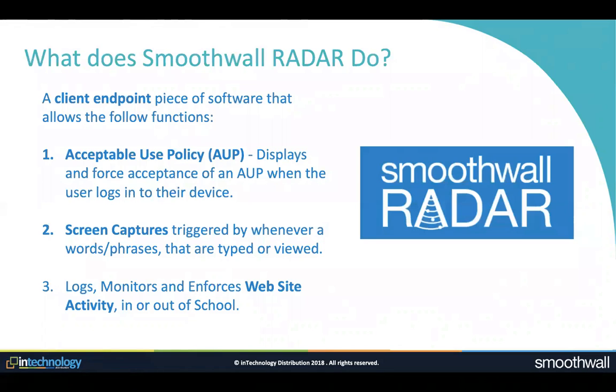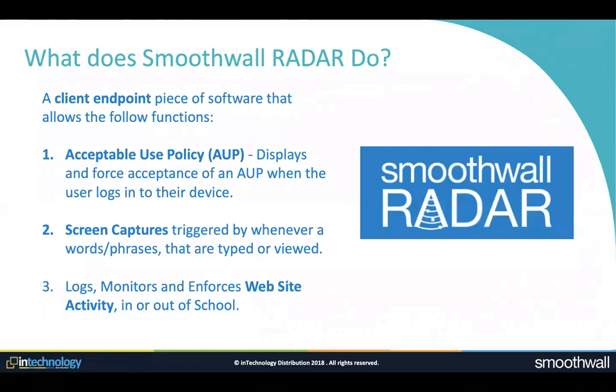The last thing that it does is it has the ability to log. Now again, this is quite key to what Smoothwall Radar is going to be able to offer. We are taking forensic logs of all websites which are accessed from a device which is protected by our Smoothwall Radar tool. This means that we can take a forensic log, which can be used in disciplinary or in a legal setting if required, to actually show what activity was happening on that device.